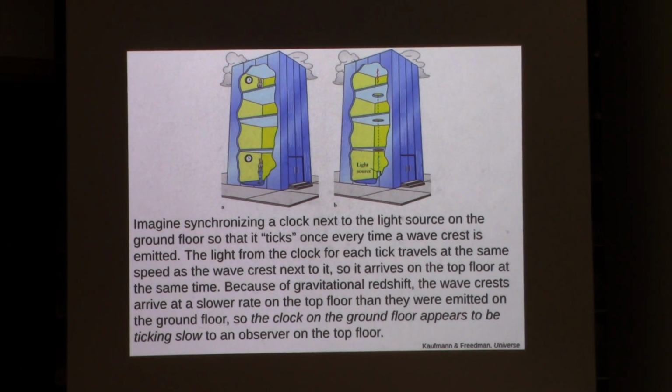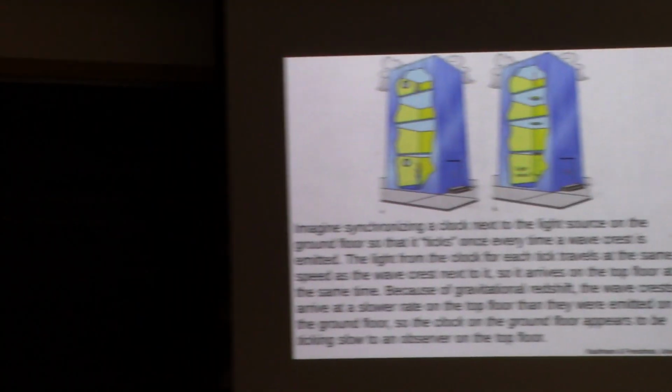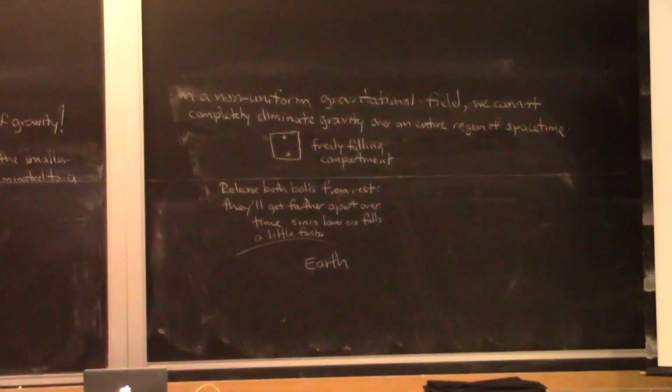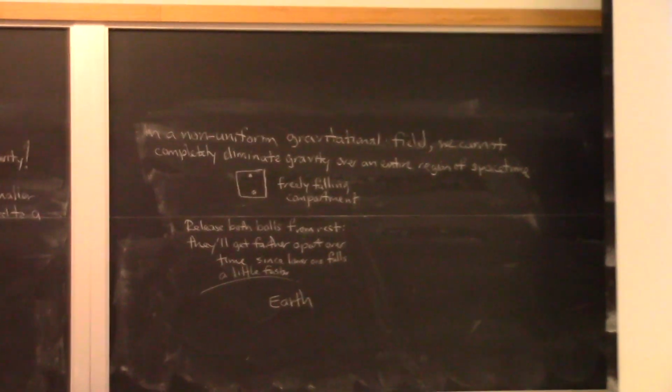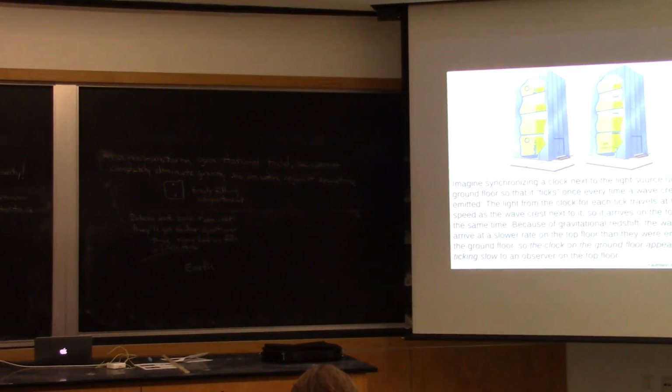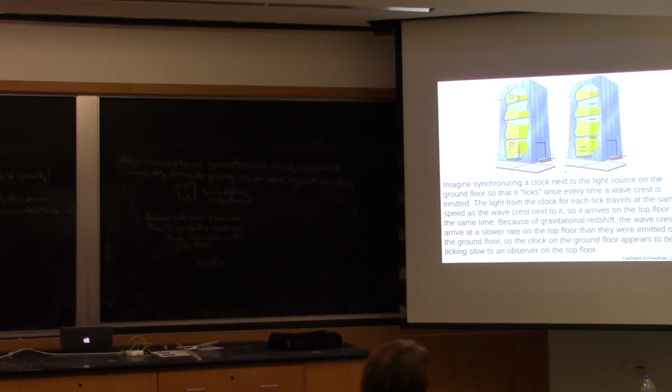So then the question is, well, is this just kind of an optical illusion, right? Because I'm saying that it looks like the clock is ticking slower as seen from the ceiling than the person next to the clock would see from their perspective next to it on the floor.